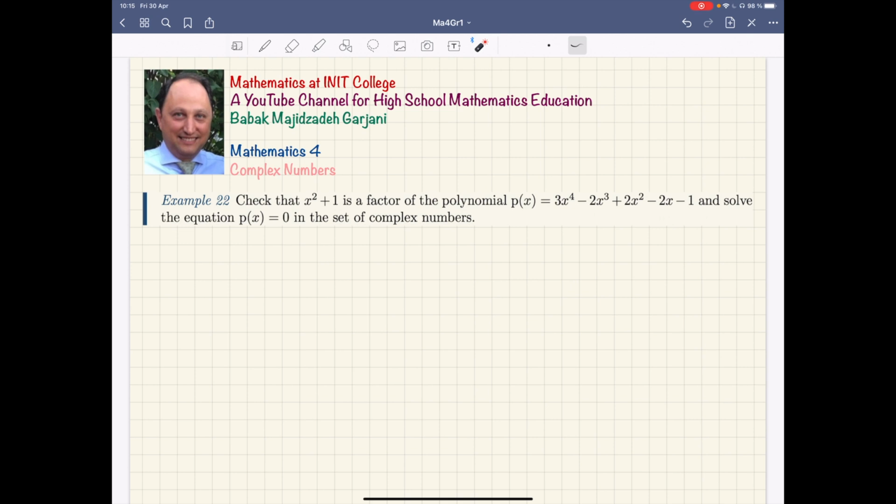I want to show you that this is going to be a factor of this polynomial. Last time we learned how to divide polynomials, so it means that I divide this polynomial, according to the algorithm, by this polynomial and show that the remainder is 0.